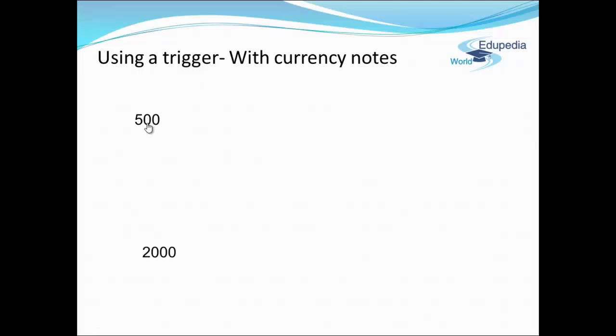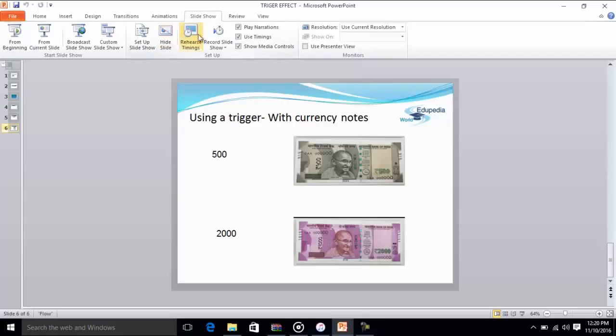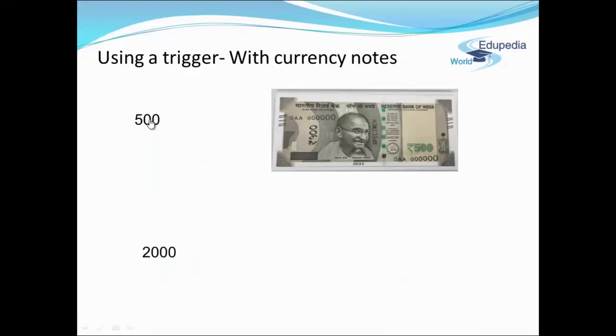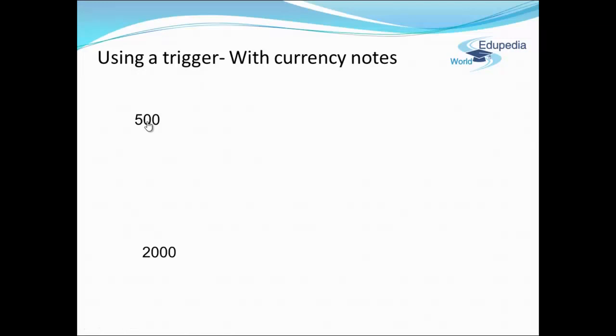But clicking again and again can only be done with the help of triggers. Yes, I'm clicking here, then again this way. This is a very nice feature that can be used in slides where you are explaining some effect or some data, or you want to show some picture, or you want to hide it at some point of time. So this is how it works.